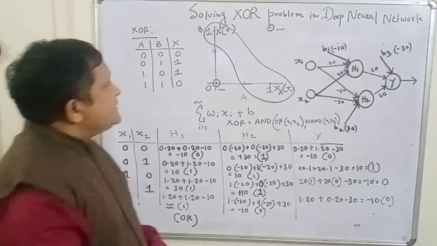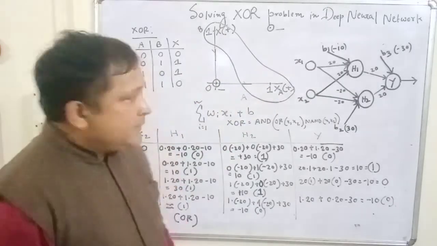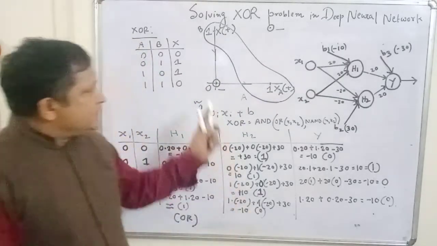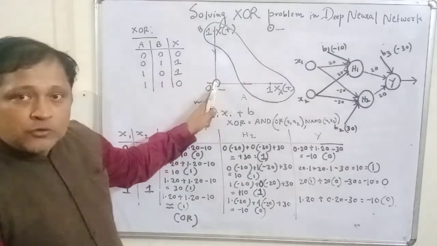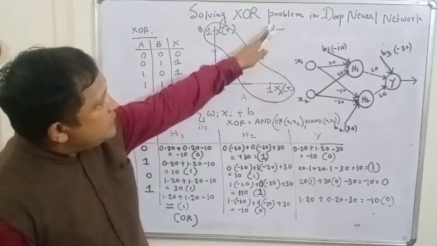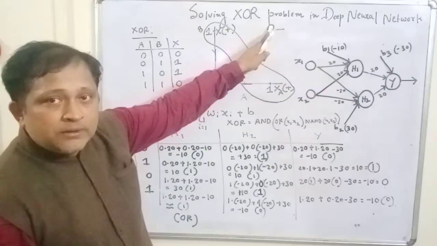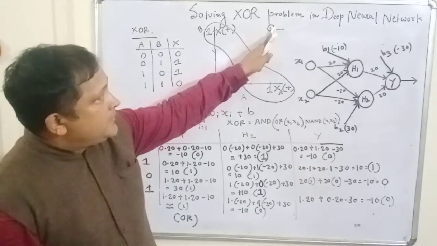Now, if I represent this XOR gate in a two-dimensional Cartesian plane, we just plot the points. For 0, 0, the output is 0, and this is a 1, this is a 1 point. So this point represents 1, 1, where the output is also 0.